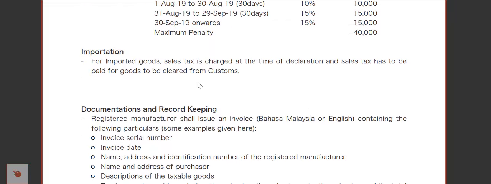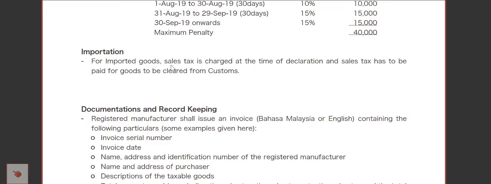Now, I mentioned importation just now. How do you work out the sales tax when you import the goods? It's based on customs valuation plus whatever customs duty. For a manufacturer, when I sell the goods, then I'll account for sales tax. But an importer doesn't have that kind of luxury because the goods are being brought into the country.